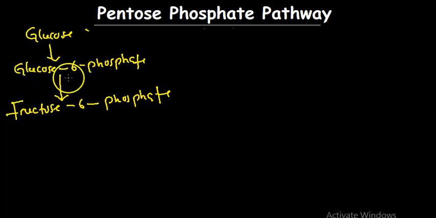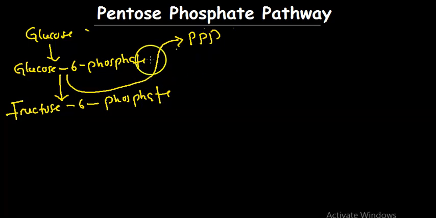Instead of going down and continuing into glycolysis, this will form another pathway, which we call the PPP pathway. And notice that this diversion happens by this enzyme, which I'm going to write in green: glucose phosphate dehydrogenase.